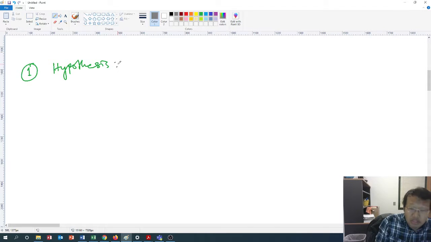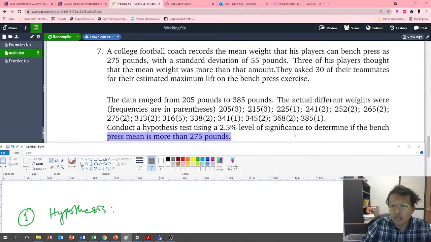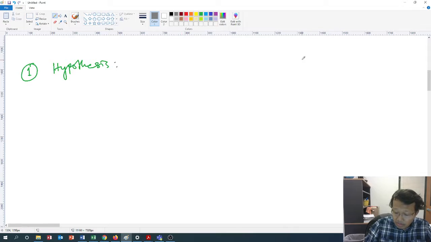In the question, it is simply saying, determine if the bench press mean is more than 275 pounds. If the mean is more than 275 pounds, then that's one of our hypotheses. And its contradictory hypothesis is, of course, mu is less than or equal to 275 pounds.